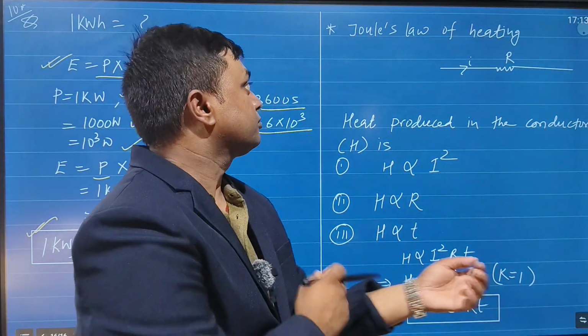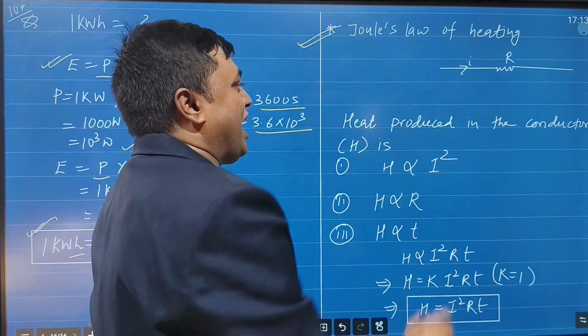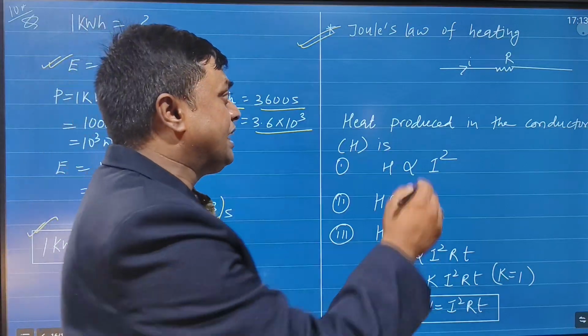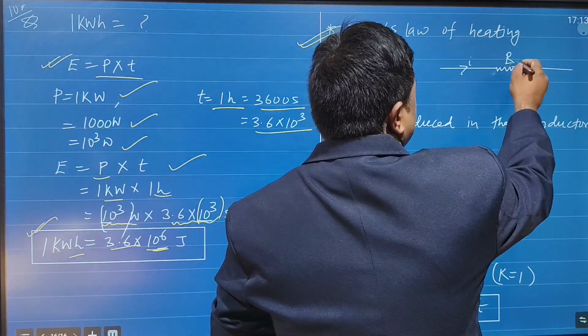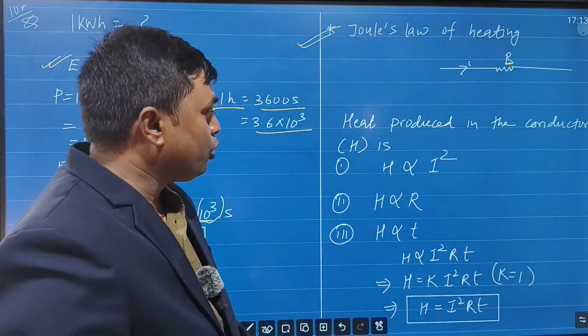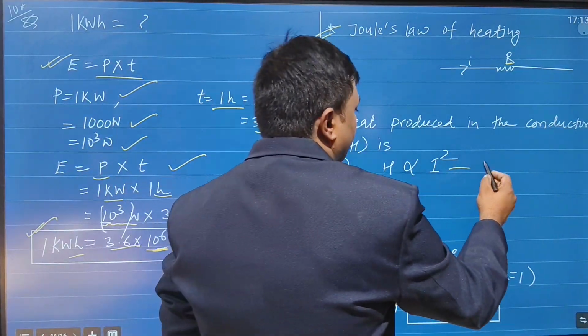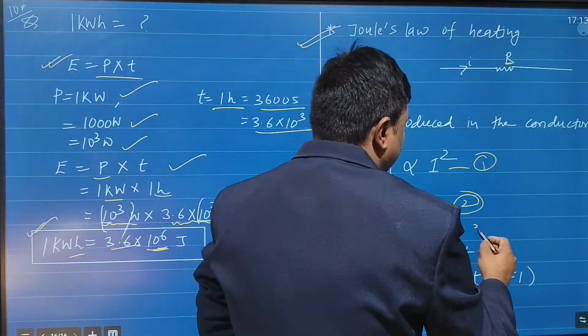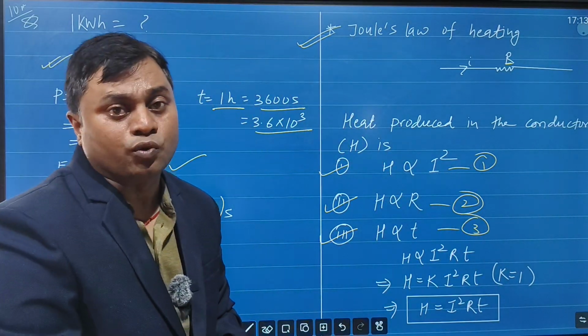Is it clear? The last concept we have is Joule's law of heating. What did Joule say? Whenever current I passes through a conductor having resistance R, it gets heated, or heat is produced. Heat produced is directly proportional to the square of current, directly proportional to the resistance, and directly proportional to the time for which the current is flowing.